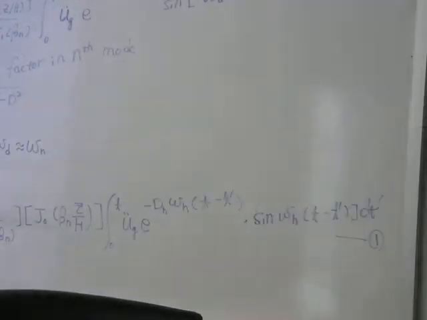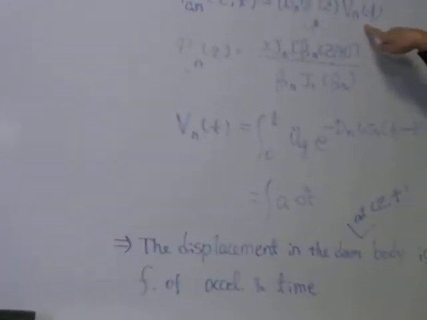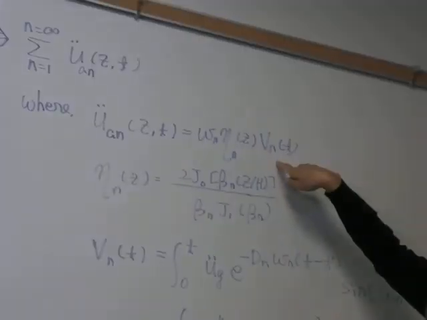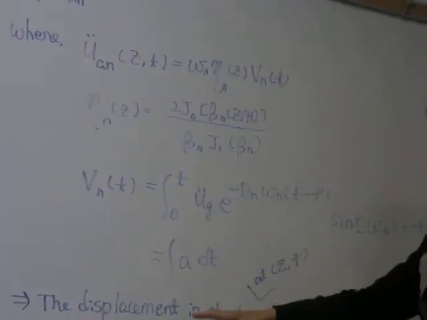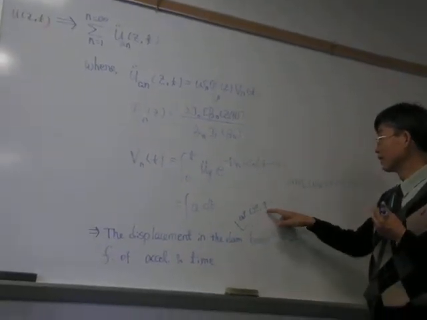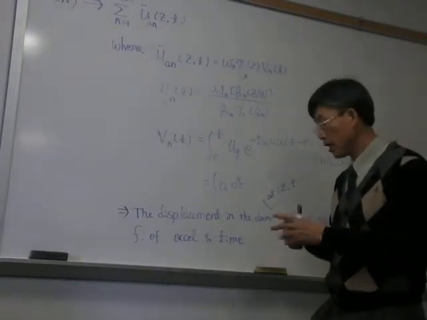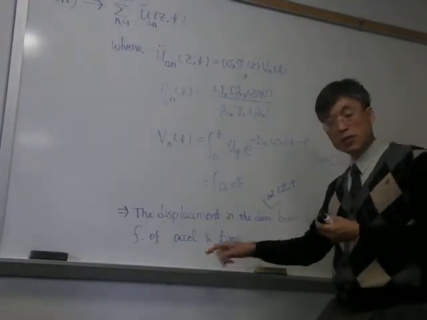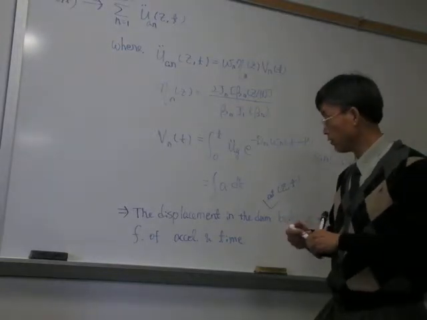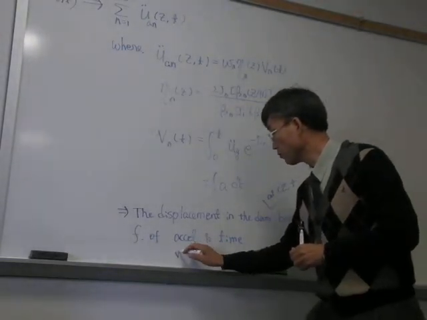So it's just trying to show that equation in this combination, and velocity is there. That means displacement in a dam at z, comma t is a function of acceleration and time. If this is the acceleration of time, there should also be a function of velocity and time, right?